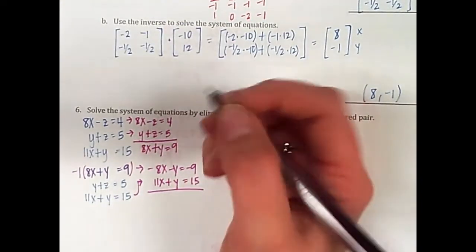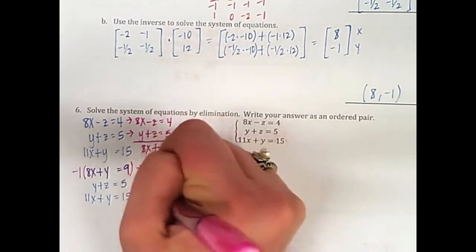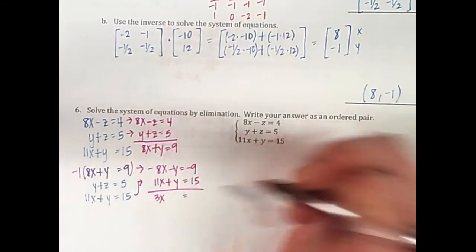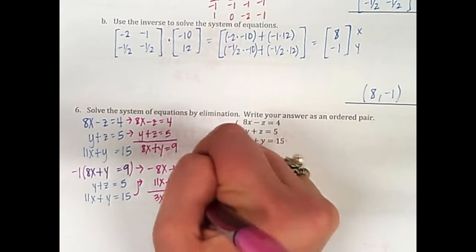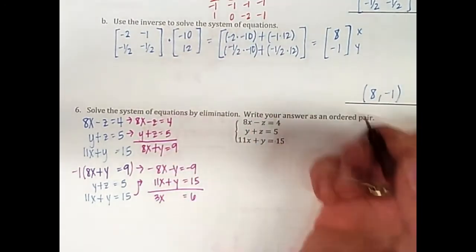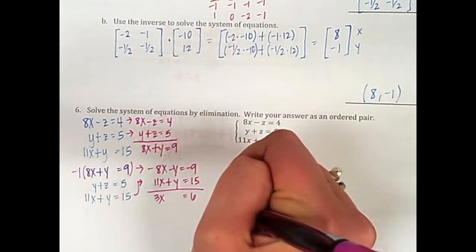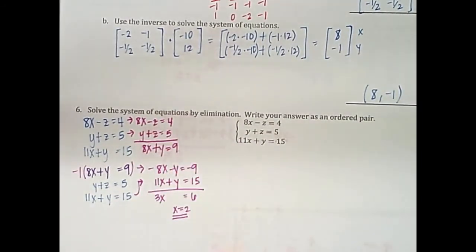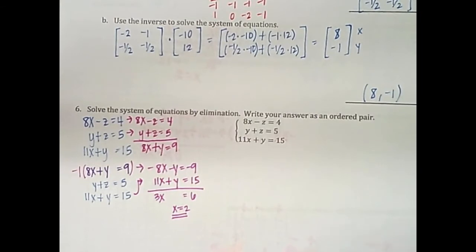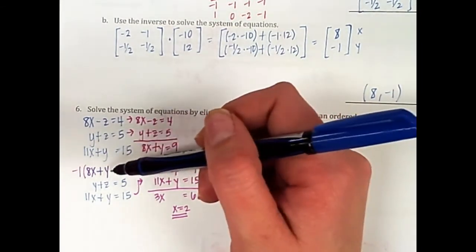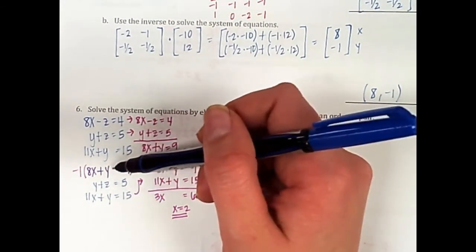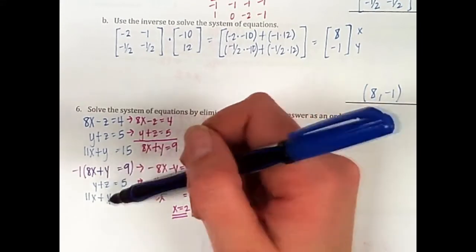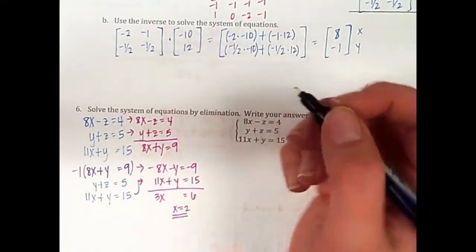Negative 8x plus 11x gets me 3x. My y's cancel, and negative 9 plus 15 gets me 6. I take 3x equals 6, divide by 3, and I get x is equal to 2. So now at this point, I can plug it back in. I can either plug it back into my top one or my bottom one, because they both have x's in them.